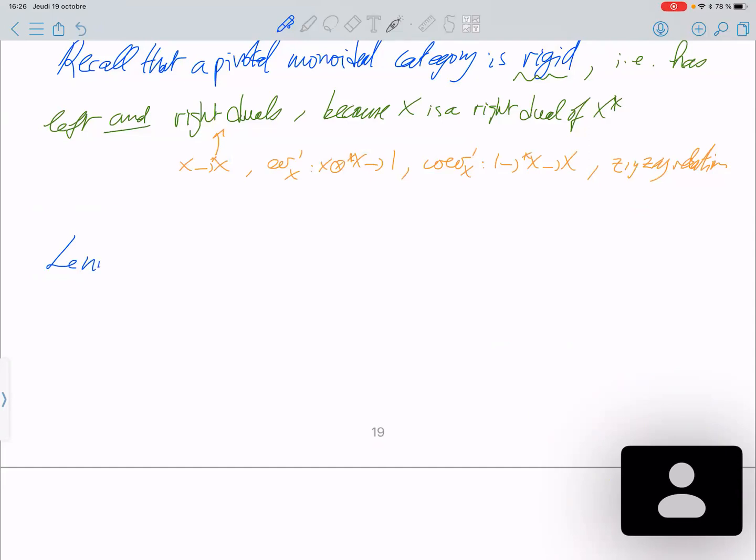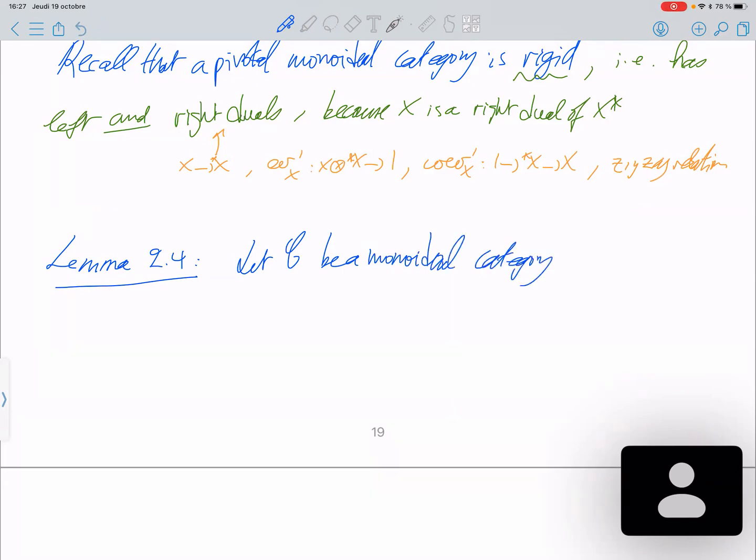Lemma, another lemma. 2.4. Let C be a monoidal category with left dual.